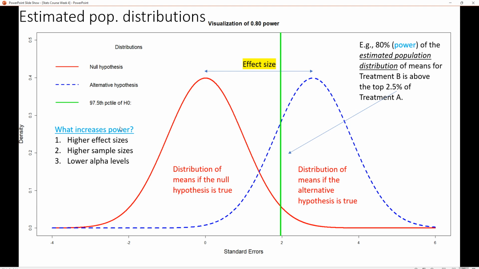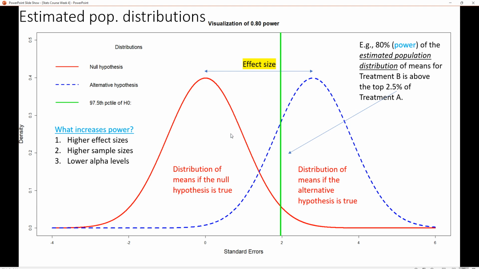And we might ask what increases power. It's having a higher effect size, which we see in this top horizontal arrow. The bigger the difference between your null hypothesis distribution and your alternative hypothesis distribution, the bigger the effect size.